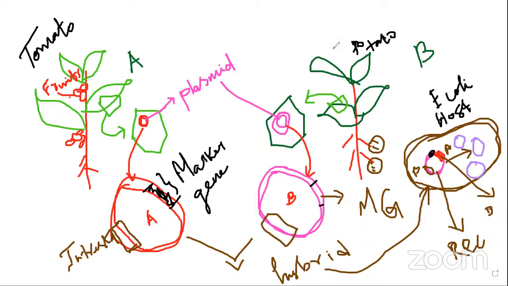See this one. This is E. coli, that is called the host. Already we introduced both the genes within the host, isn't it? Suppose, take an example: this is the host DNA as well as the plasmid.